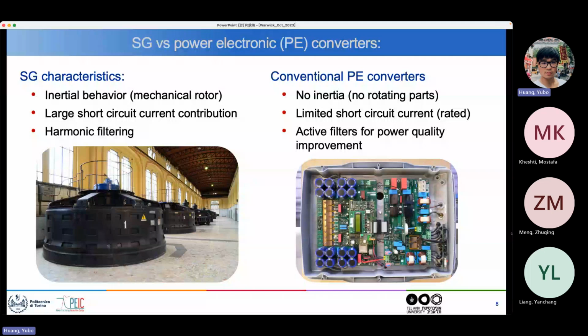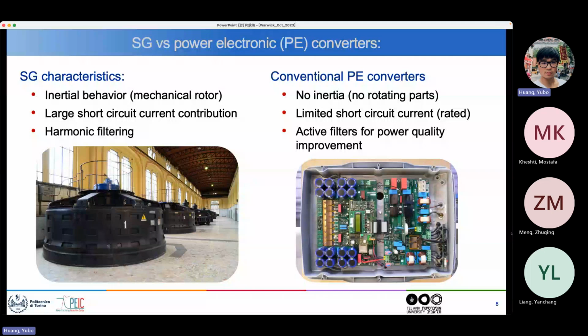Then a synchronous generator automatically does filtering of the harmonics for you because it has a low output impedance, and so the higher harmonics are sort of short circuited by the generator, so they are diminished. And that is not the case for power electronic converters. And most power electronic converters also have no inertia.